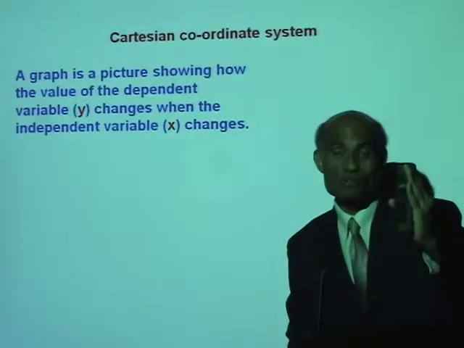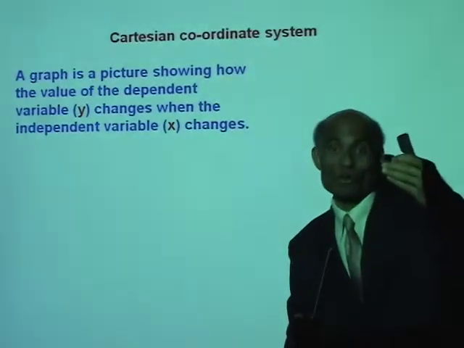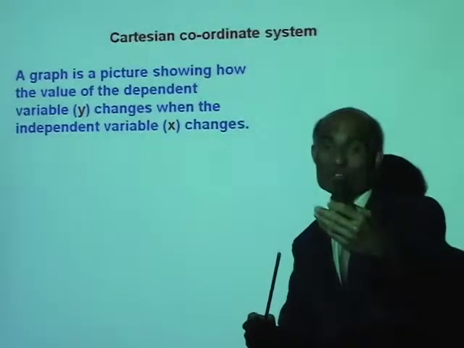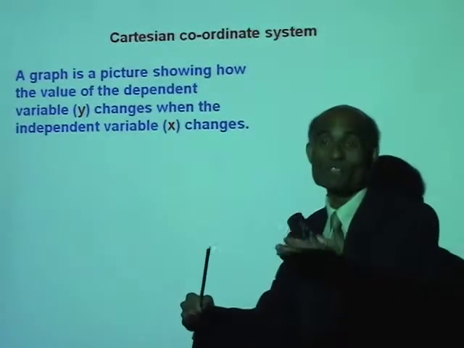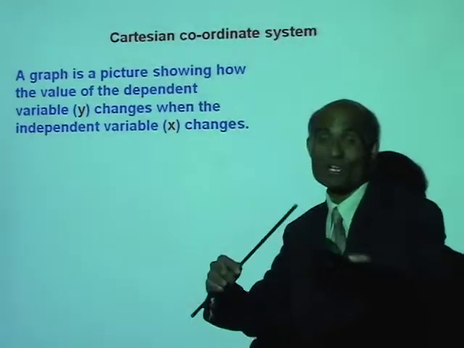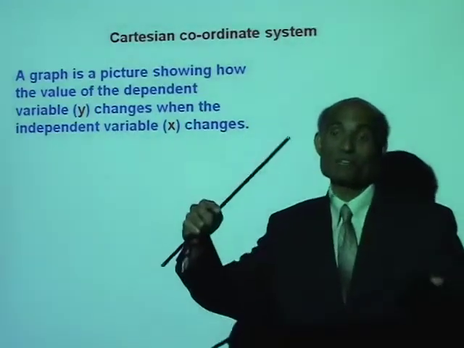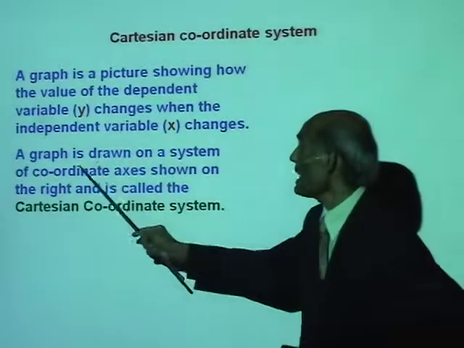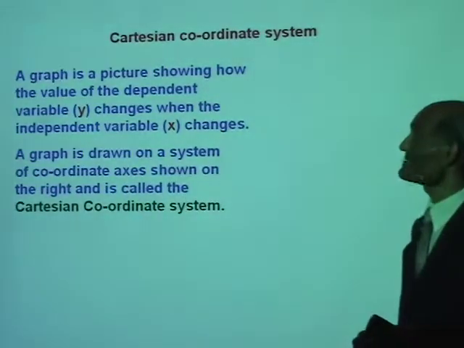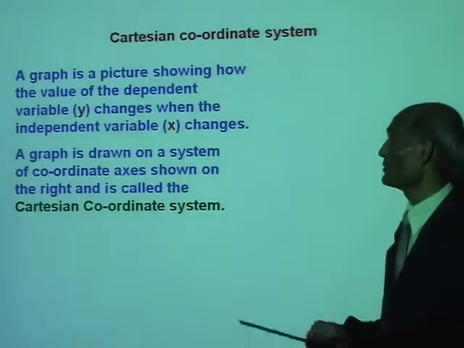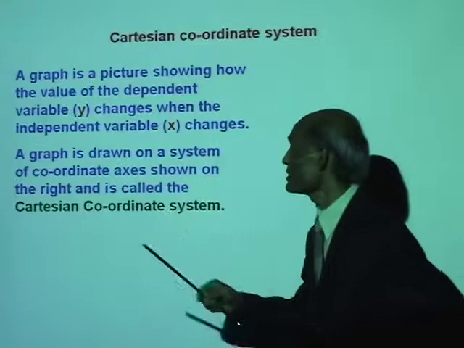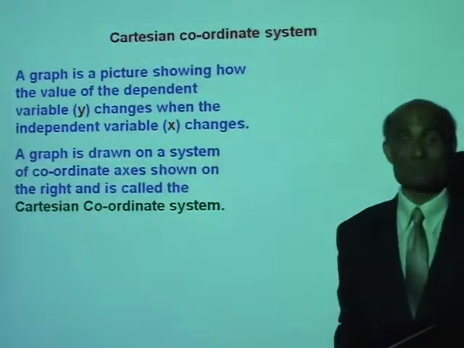You walk for 2 kilometers, you collect $4. You walk 3 kilometers, you collect $6. You walk 10 kilometers, you collect $20. You see, we can use that to draw a picture. Now, a graph is drawn on a system of coordinate axes, and you call that coordinate axis the Cartesian coordinate system.